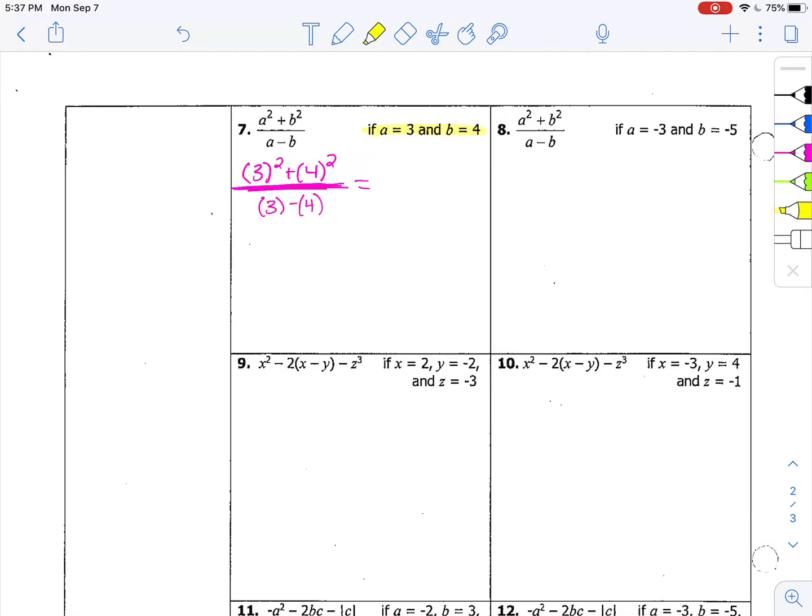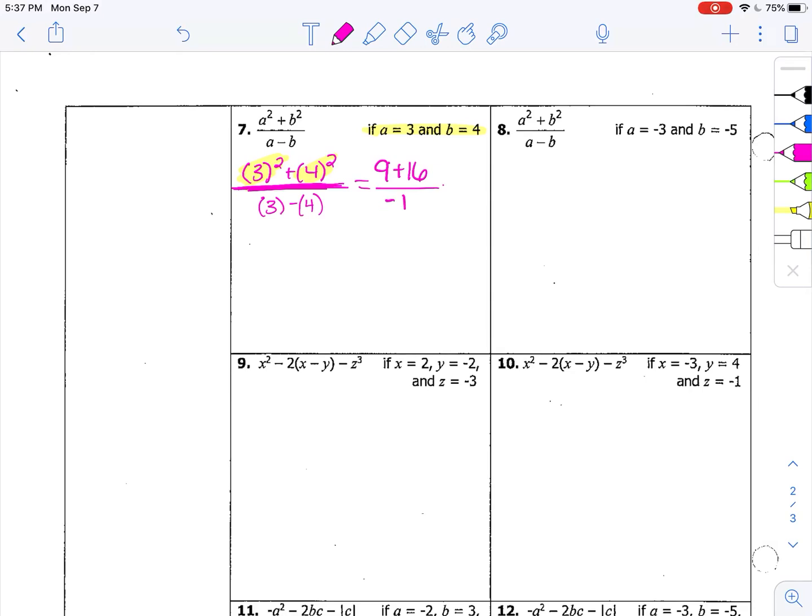So according to order of operations, looking at just our numerator, we're going to do exponents first. 3 squared is 3 times 3, which is 9, plus 4 squared, 4 times 4 is 16. Over, in our denominator, all we have is 3 minus 4, which is negative 1.